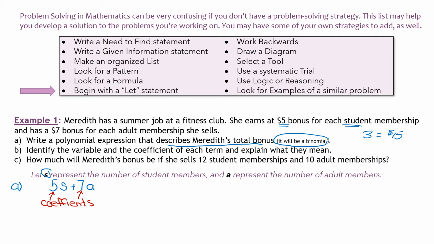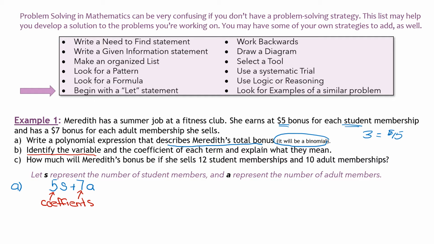Part of your communication mark on tests and quizzes is communication, and that includes spelling. So those are the coefficients. And the 5, of course, is for the $5, and the 7 is for the $7. It also says identify the variable. So the variables are S and A, and we already identified them here. Actually, let me erase those arrows, make that a little more clear.